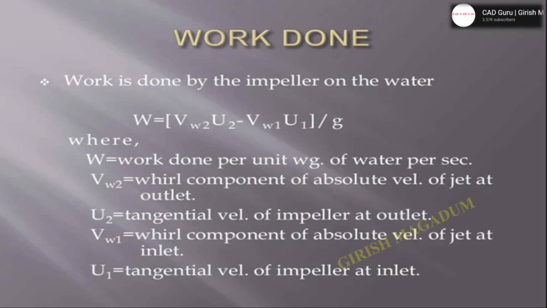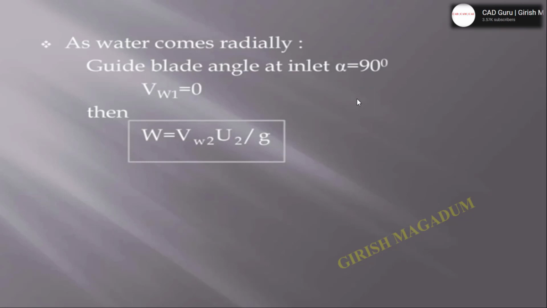Same thing here, the absolute velocity of the whirl component at inlet and the tangential velocity of the impeller inlet, divided by g. This formula will change if your blade angle is 90 degrees, as I said. The whirl component at inlet becomes 0. Due to that, the work done formula is this.